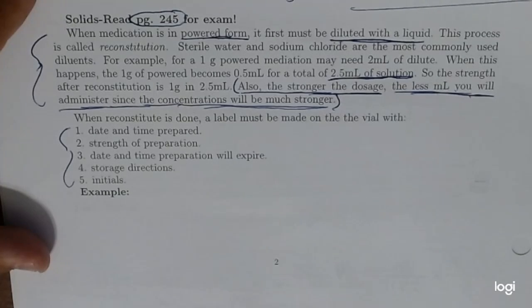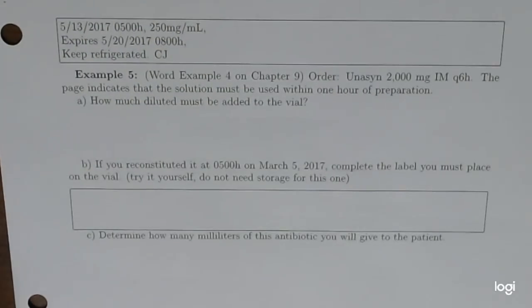Write the date and time the preparation will expire, so when is it expiring. Any storage directions you need, like put in a refrigerator or leave out, it's perfectly fine. And the last thing is your initials. Very, very important is your initials, right? I'll give you guys a quick little example of how this will actually look. It's been a while, but you know, when it comes to it.